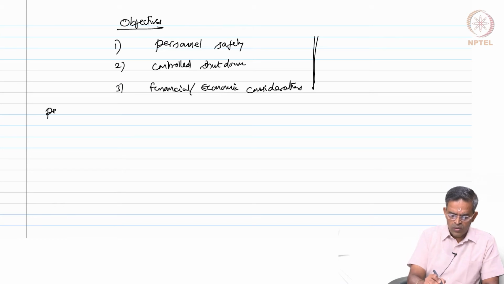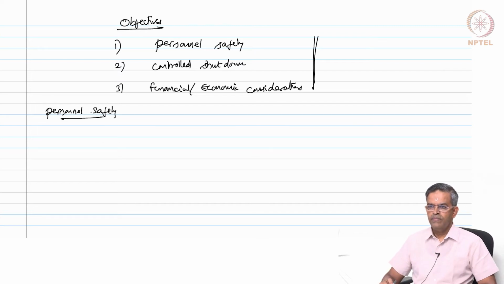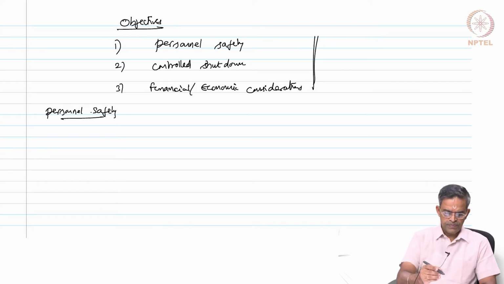Let us talk about personal safety. Blast resistant design should provide a level of safety for persons inside the building. The previous accidents which have happened, for example, in offshore platforms, show clearly that there were serious injuries caused because of collapse of buildings onto the persons.